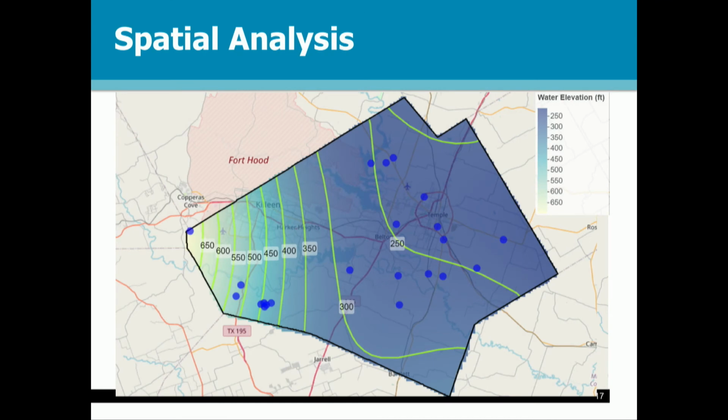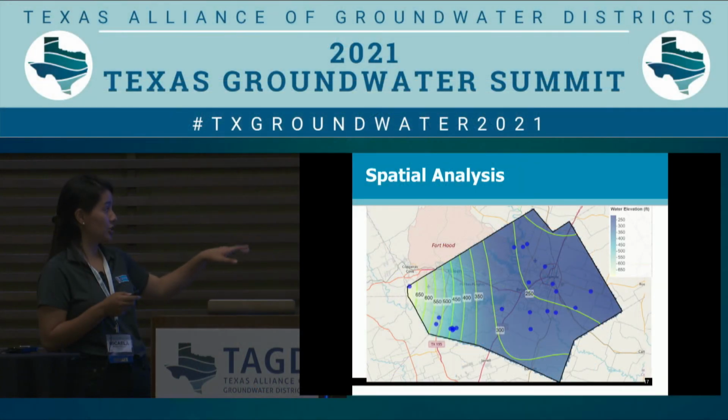Now, in this case, we're doing interpolation to create annual gridded data. So for every year, we're going to have an estimate of what the water elevation surface looks like. That's the water elevation. We have the contour lines that are colored in green on top of our dark blue lines.